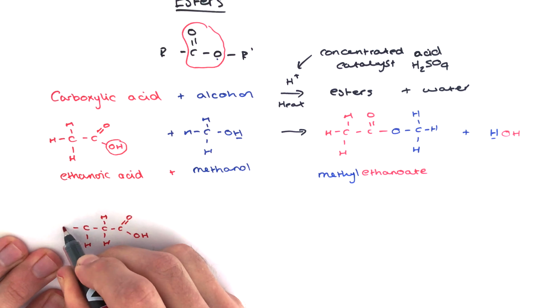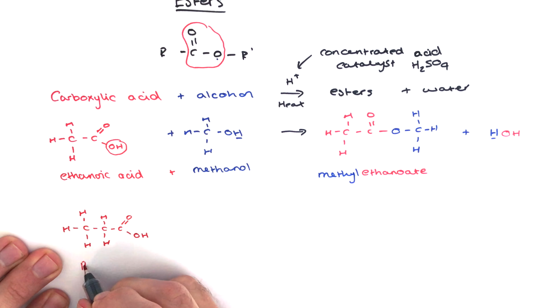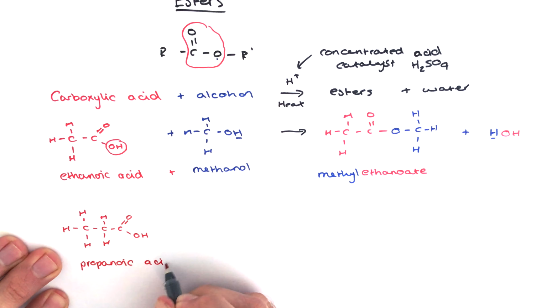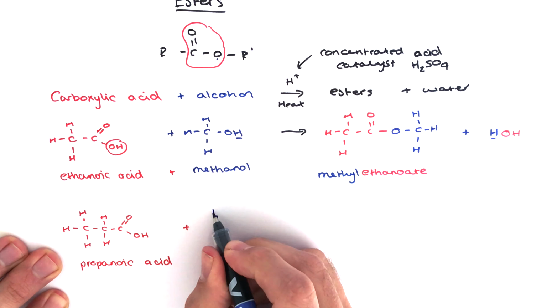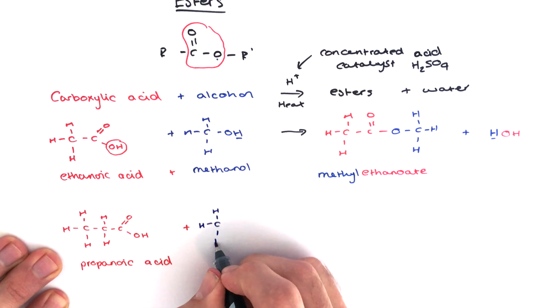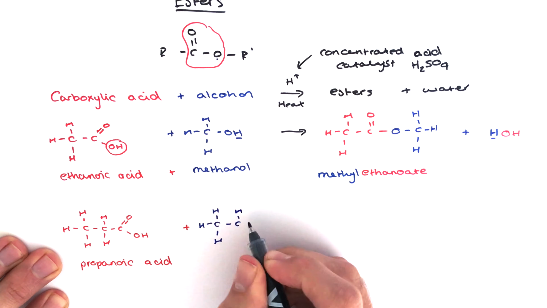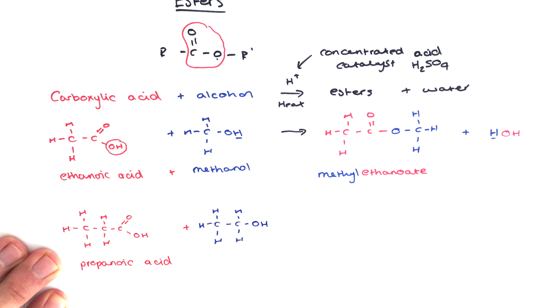So this is propanoic acid. And for our alcohol, we'll do a different alcohol again. So let's do ethanol for this reaction. For ethanol, we've got 2 carbons in the chain with the hydroxyl group here on the end. So that's ethanol.